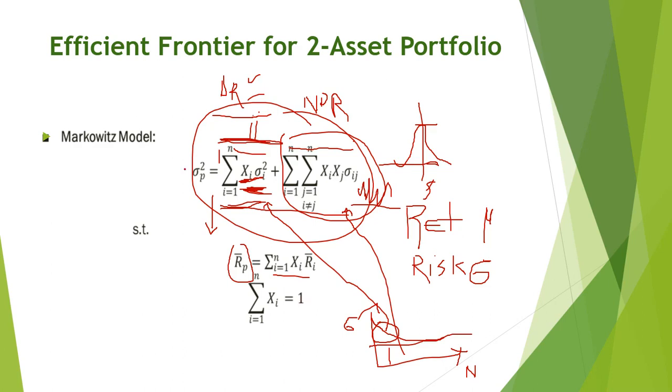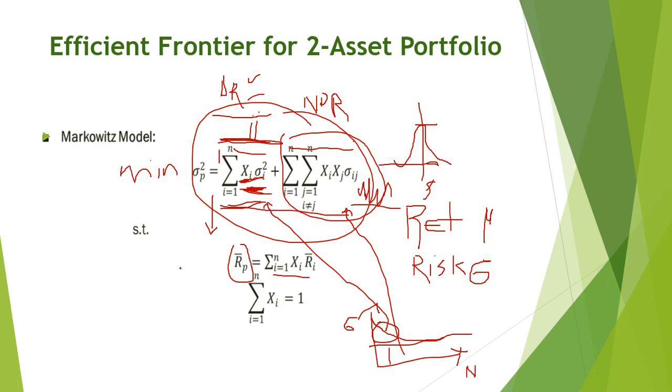And when we are optimizing, we are constructing the efficient frontier. So what we are doing is minimizing the risk for a given return, and there are two constraints. One is the return, the second is that all weights are equal to 1. This is very simple: all weights sum to 1, meaning they have to add up to the level of investment.